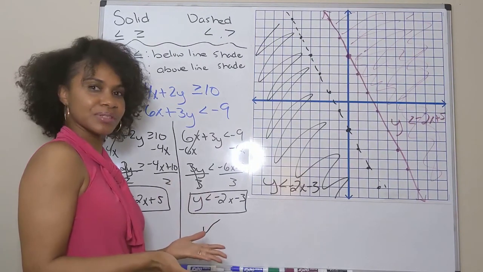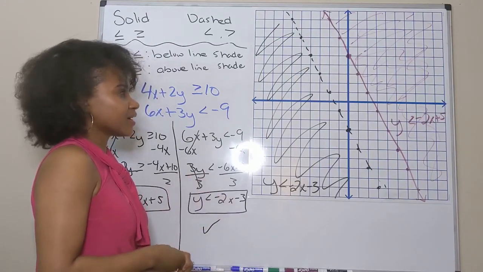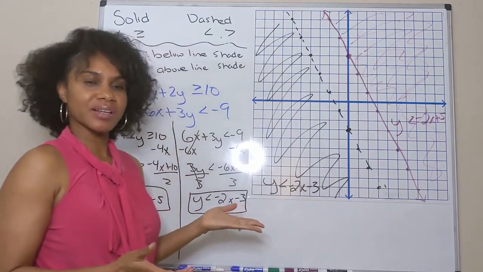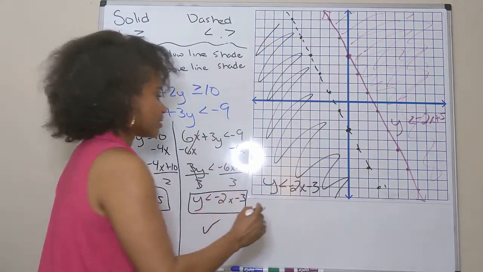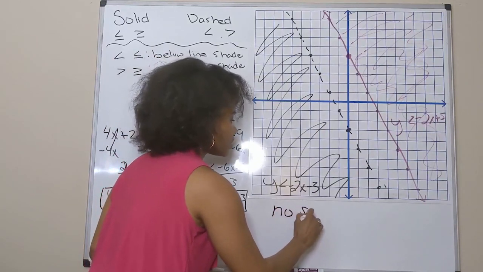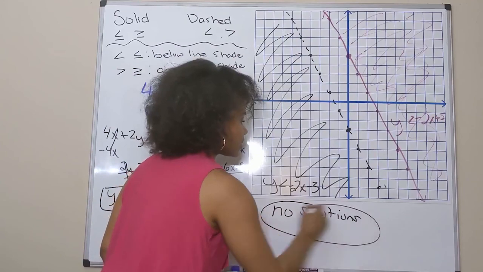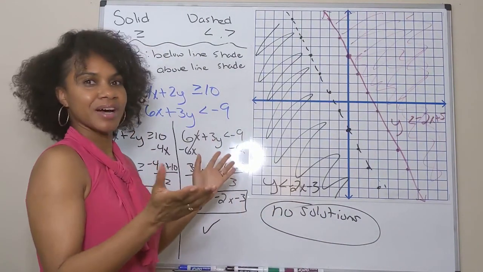Because the solution to a system is where the graphs intersect, or where their shadings intersect, we notice that their shadings do not intersect. And so the solution to this system is that there are no solutions to this system of linear inequalities, because they don't have any graphs or any ordered pairs in common.